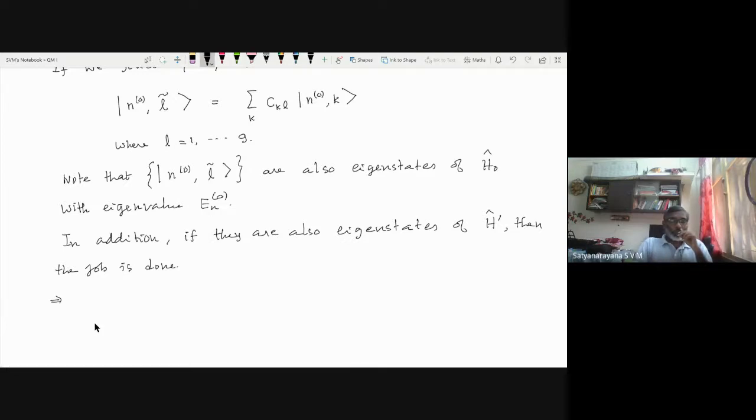That implies we must work with common eigenstates of H0 and H prime in Vg, that is the degenerate subspace.